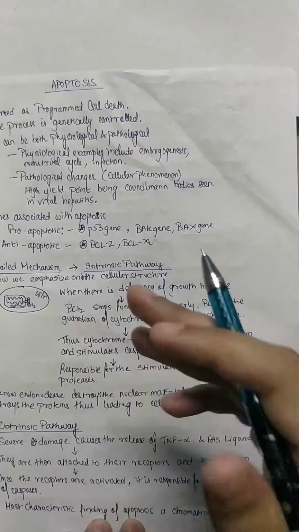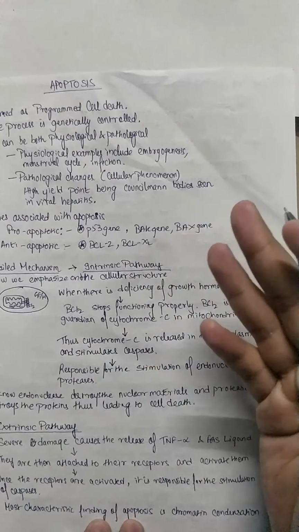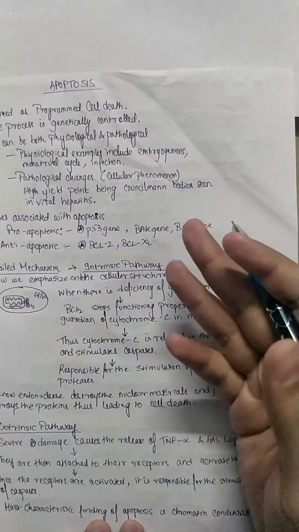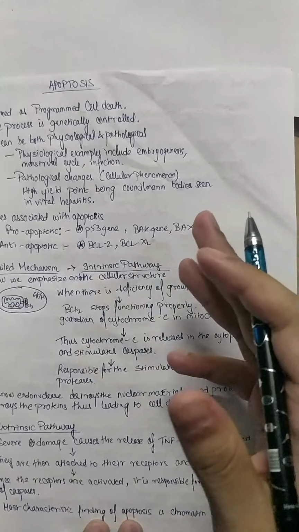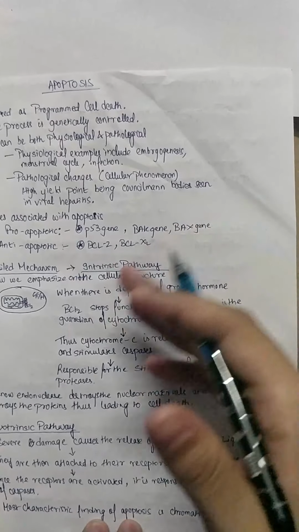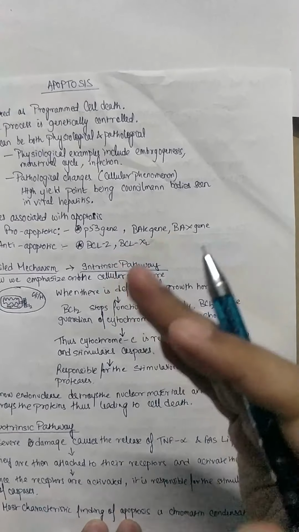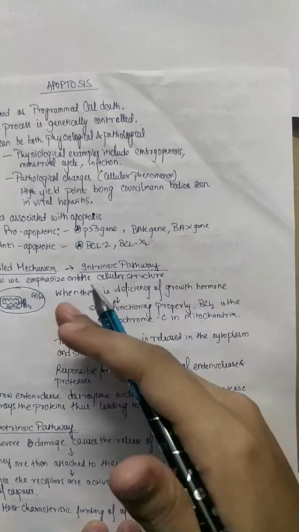Basically, we know that endonuclease destroys the nuclear material and protease destroys the proteins. Thus, if there is no nuclear material and no protein inside the cell, how can the cell live? Thus, the cell is obviously going to undergo cell death. So this programmed cell death is known as apoptosis and the pathway is the intrinsic pathway.